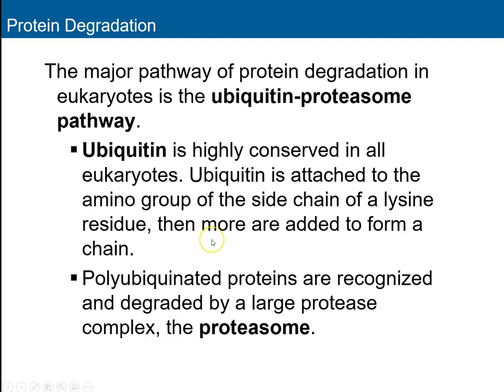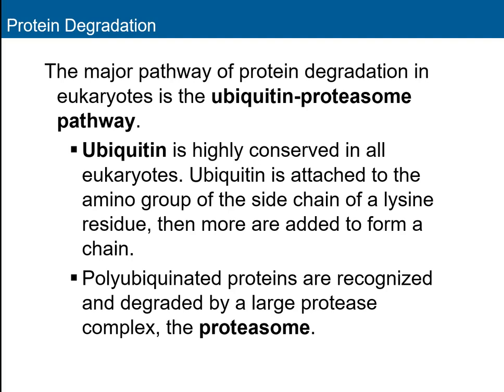Ubiquitin will attach to a protein. Think about a protein that's misfolded or misfunctioning. The cell will identify it, and ubiquitin will be that identifier. Once ubiquitin is added, usually other ubiquitins come along, and it's polyubiquitinated, meaning it has multiple ubiquitins bound to it.